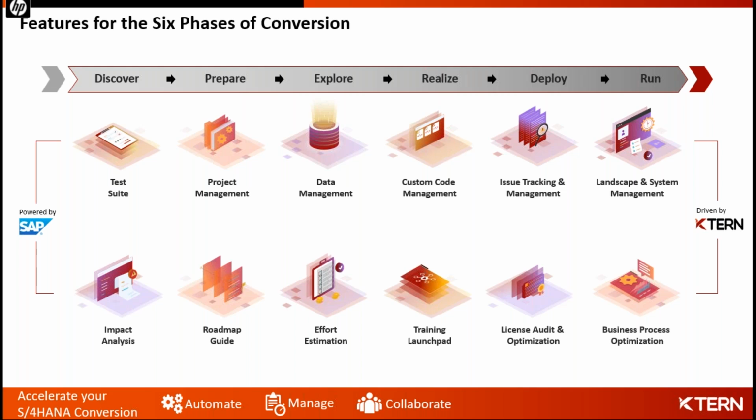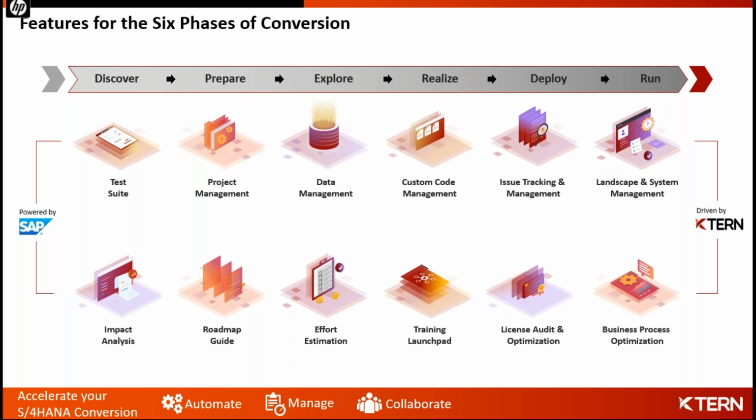Then the landscape and system management to ensure that the system is up and running and available post go live as well. And business process optimization, where it helps you identify the various changes in business processes that have occurred as a result of the S4 conversion. Then the license audit and optimization, wherein we look at the user history, the active users, and so on.